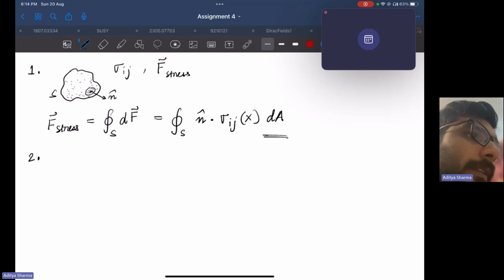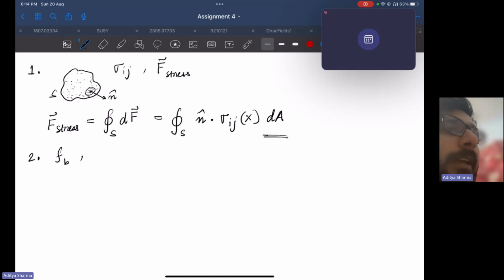Now, if the material is not deforming, that means there is some force on the body which is not letting it be deformed, right? So if the body force per unit volume is given by F_B, what is the net body force over the whole body?